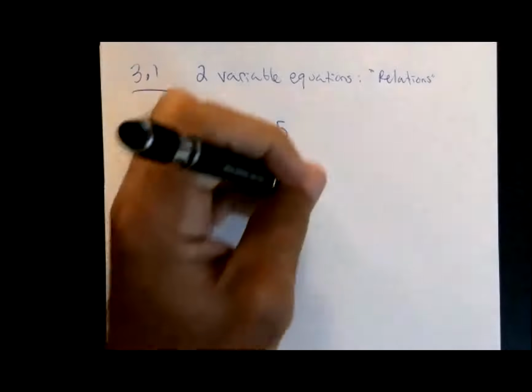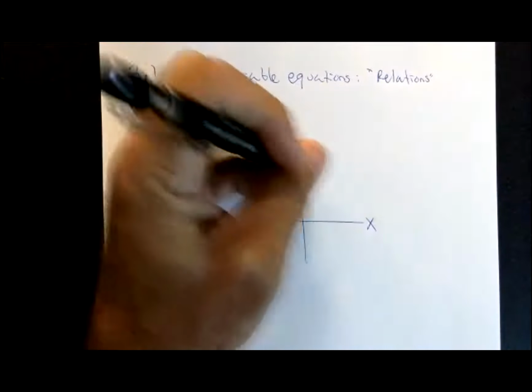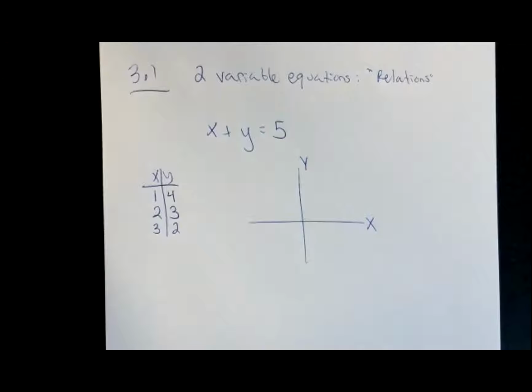So instead of trying to list them all, when you're dealing with a two variable equation or relation, we will typically graph them on what's called the Cartesian coordinate plane, or a grid system, your axes.